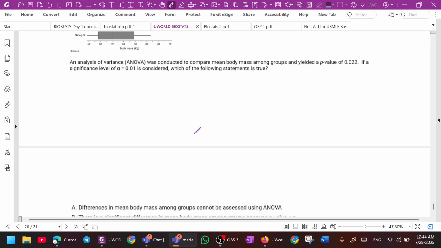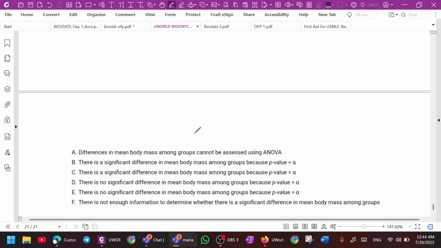Okay. Now can you eliminate some? Difference in mean body mass among groups cannot be measured using ANOVA. False. Okay. And the other one is also false, there is not enough information to determine whether the signal. Okay.